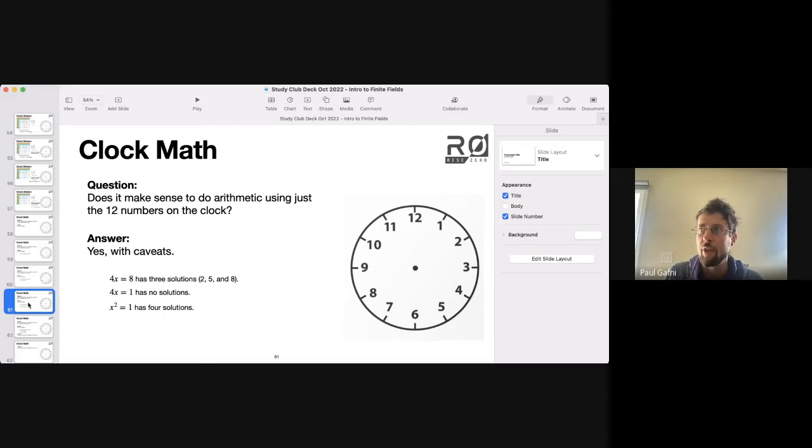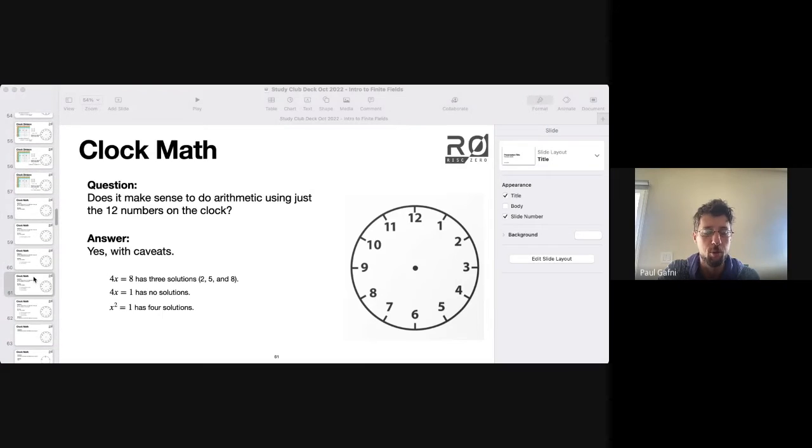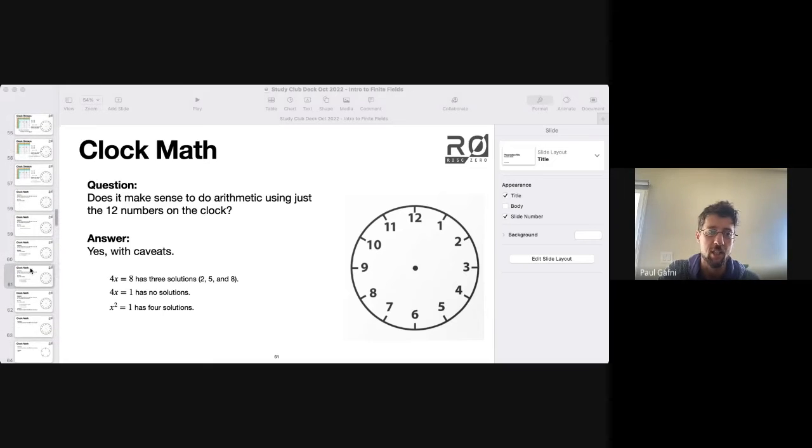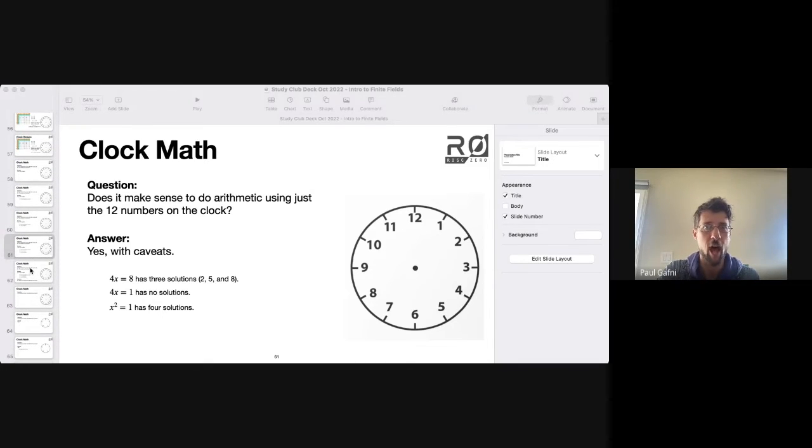And if you happen to have any kids in your life between the ages of knowing what multiplication is, but haven't yet encountered finite fields in an undergraduate mathematics class, introducing them to the idea that you can actually do arithmetic on a clock is a wildly powerful invitation to some super deep rabbit holes of mathematics. If we go back to that multiplication table on this particular clock, there's all sorts of patterns that kids can really find and explore and wonder about.